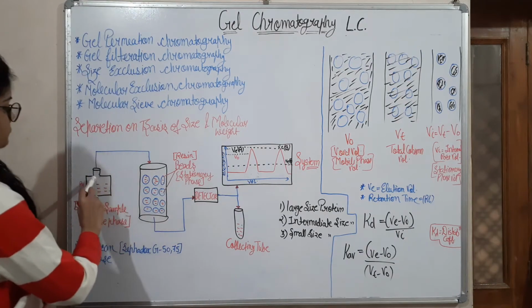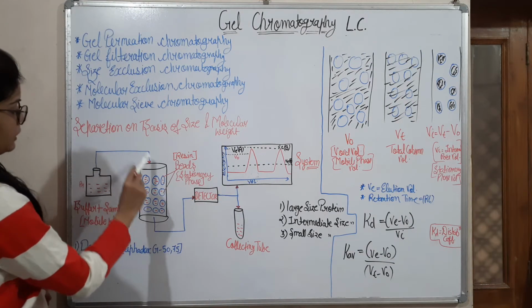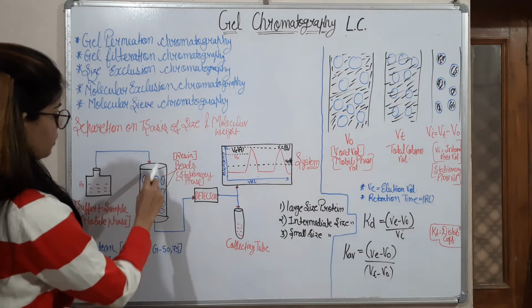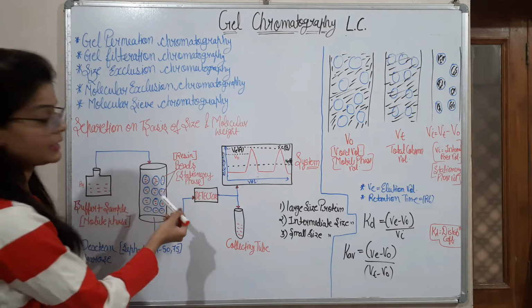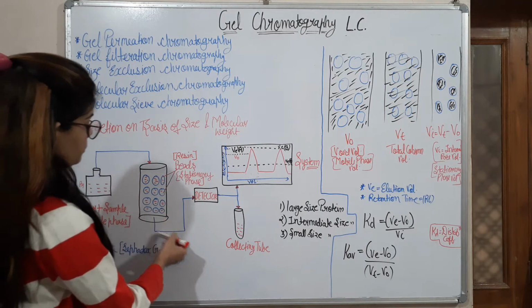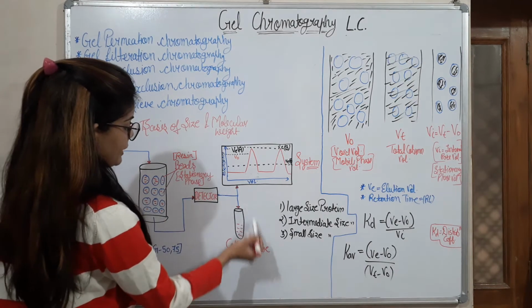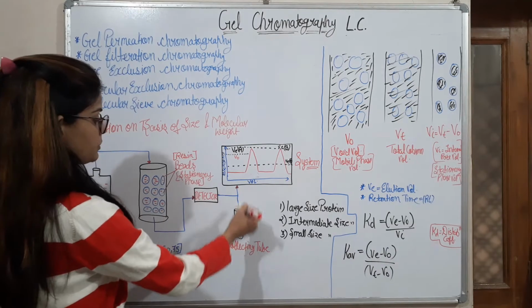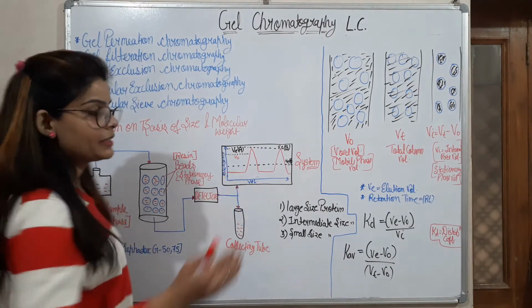Now from here, buffer goes with your sample and it goes into the column where the stationary phase is present, and from here the buffer comes with your sample. First of all, buffer comes, is detected here and is collected in this tube. Then your sample comes and is collected in this tube. Samples are of three types.